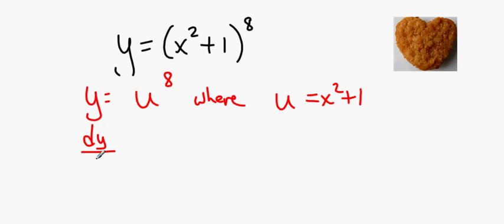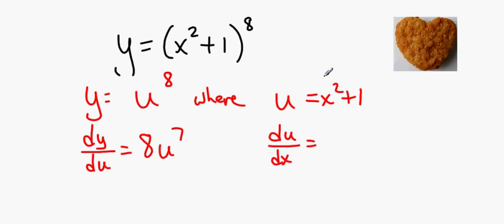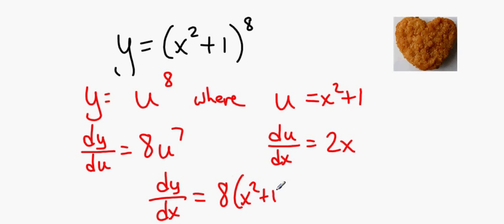The derivative of y with respect to u is just the derivative of this thing by the power rule. And the derivative of u with respect to x is just the derivative of this thing by the power rule. And so when I want the derivative of y with respect to x, I just multiply this by that. 8u to the 7th times 2x.